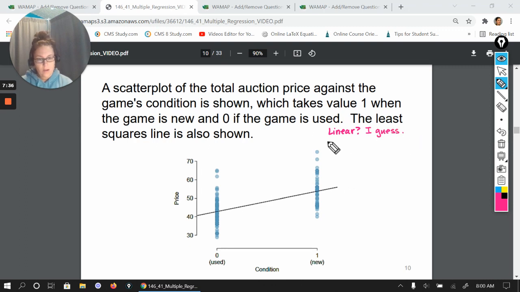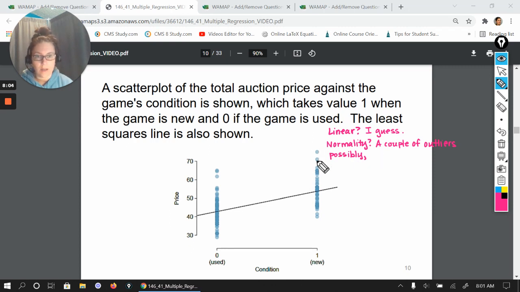How about, does it satisfy normality conditions? Well, there seem to be a couple of outliers, possibly, but they are not too far away.